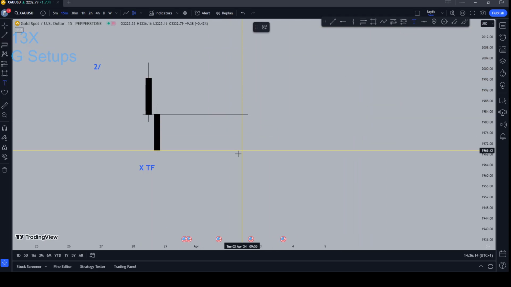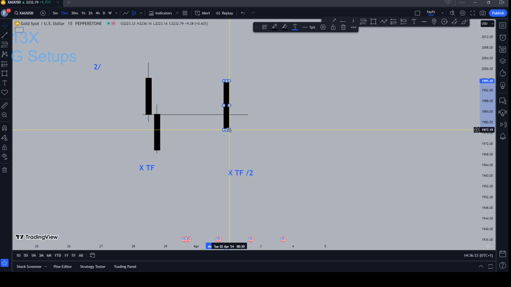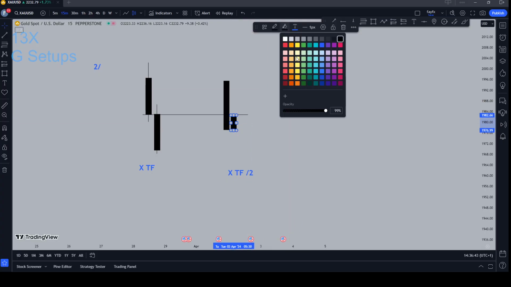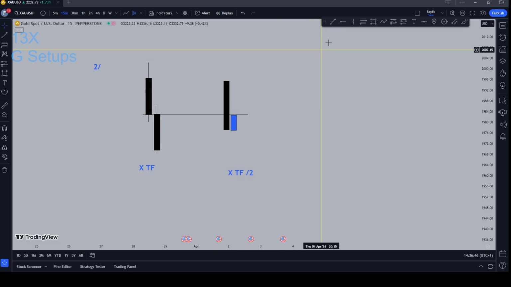And when we go one time frame lower, what are we going to find? We are going to find something special this time. Look, something like this. We are going to find a classic CC.